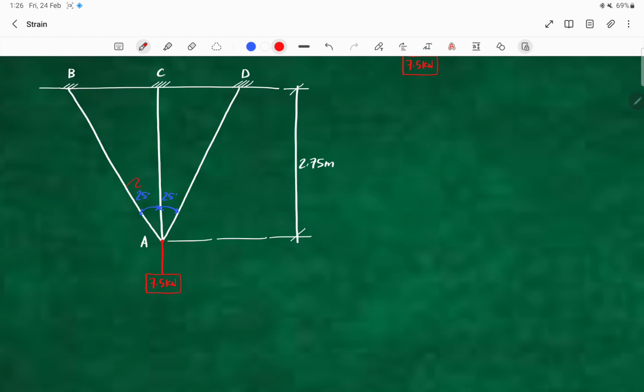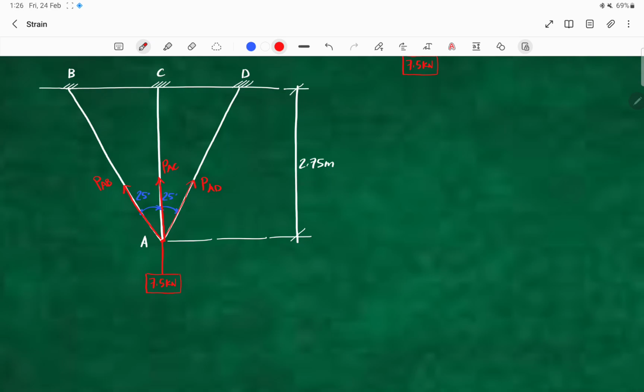So, anyway, the best assumption is assume tension. So, meron tayo ditong force for bar EB. And then, we have force for rod EC. And then, we have force for rod ED, no?